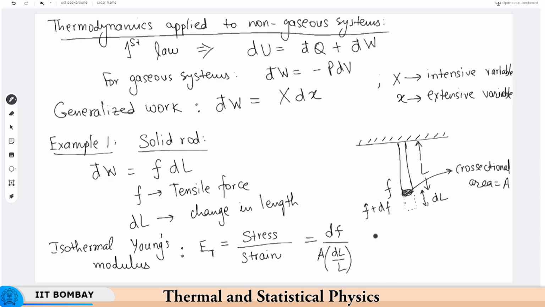And you can see that this can be simply written as L divided by A times del F by del L at constant temperature. And remember, this Young's modulus is really a material property. If I use a rigid rod made up of steel or iron or copper or anything, they all have their own material property.